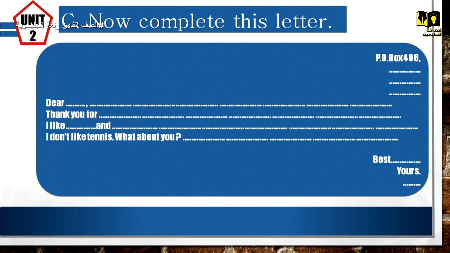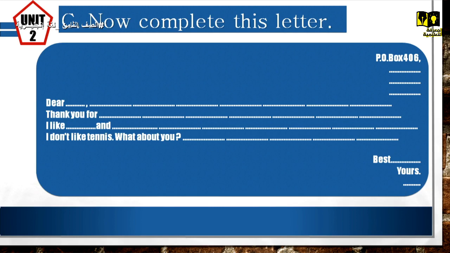And you write the body of the letter, like thank you for what, and what you like and what you don't like. You said, I don't like tennis. And what about asking your friend, right? What does he like or what doesn't he like also? And you finish your letter by writing best what? You remember? Best wishes, and yours.